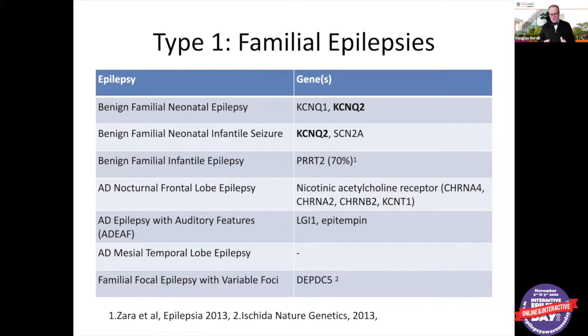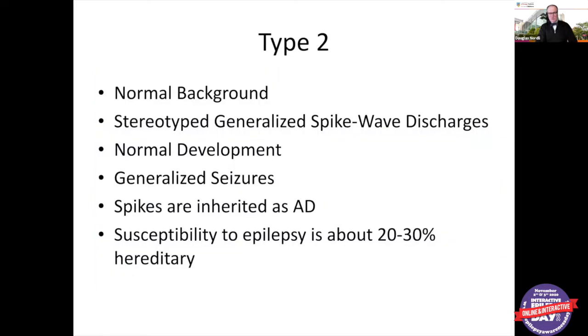If you put this list together, and again, we're not going to spend time on this because they're relatively rare epilepsies, the importance is that the EEG is normal and the family history is very positive. And if you just know what type of epilepsy you're dealing with, when it's presenting, what it looks like, there's usually only 1 or 2 genes to check to see if indeed that is the diagnosis. So not a big issue, not a big public health problem, usually these epilepsies we can control with standard medications. So let's move on and get to the most common forms of epilepsy, where I want to spend a little bit more time.